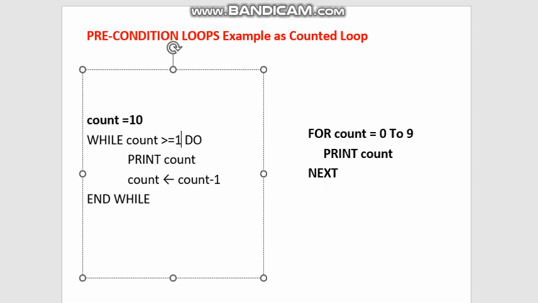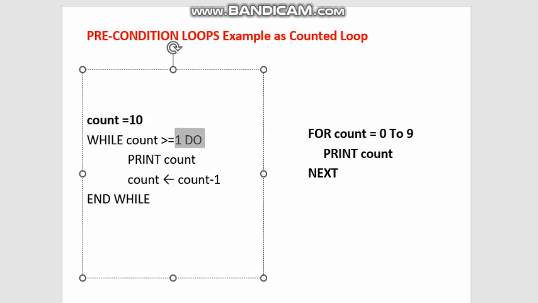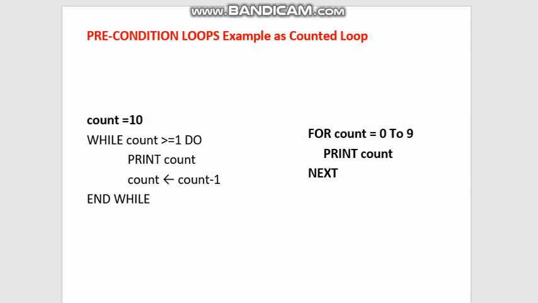The value of count is 10 for the first time. It decrements it to 9 and it checks again. 9 is greater than 1, it's fine. It prints 9. It is decremented by 1 again. Then it prints 8. In this way the while loop will execute until the condition is true.